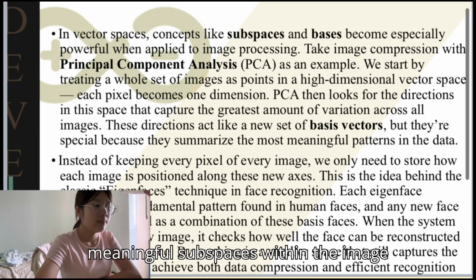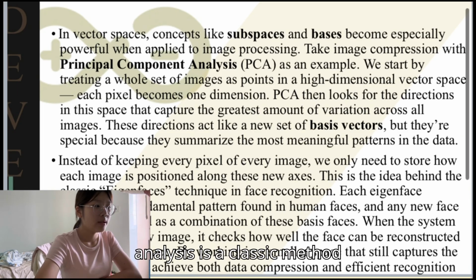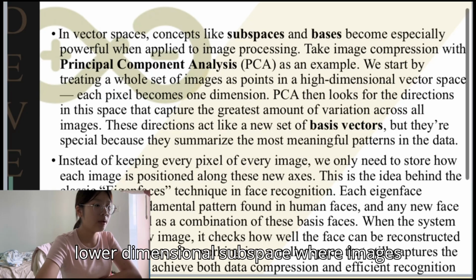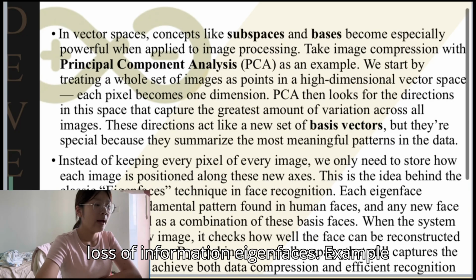By identifying meaningful subspaces within the image space, we can represent images more efficiently. Principal component analysis is a classic method that finds a new set of basis vectors, the principal components, that capture the maximal variance in the dataset. These basis vectors form a lower dimensional subspace where images can be approximated with minimal loss of information.